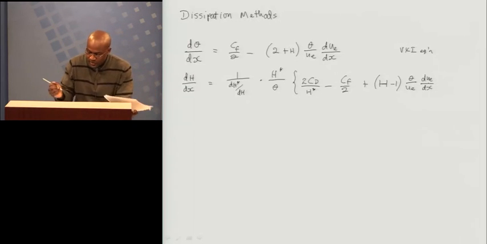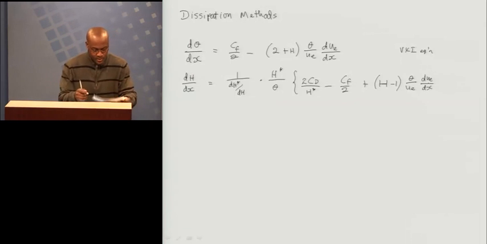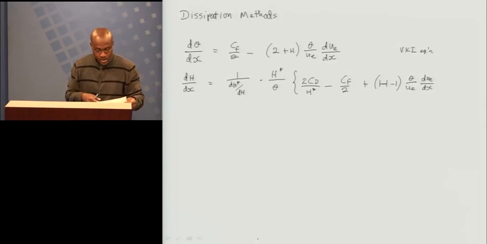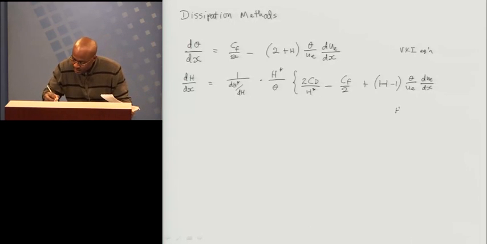And H, of course, is our shape parameter, and it's the displacement thickness over the momentum thickness. H star was our kinetic energy thickness divided by the momentum thickness, so we know what those terms are. So H is our shape parameter, defined by displacement thickness over momentum thickness.